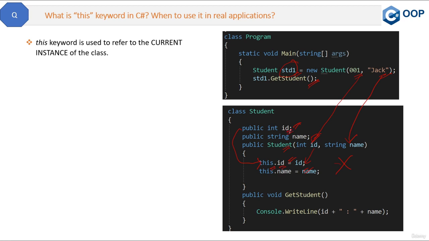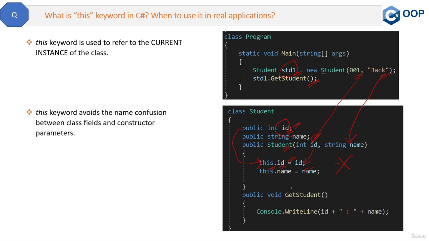And the use is that the this keyword avoids the naming confusion between the class fields and the constructor parameters. That is one use of the this keyword, and that's the answer to this question.